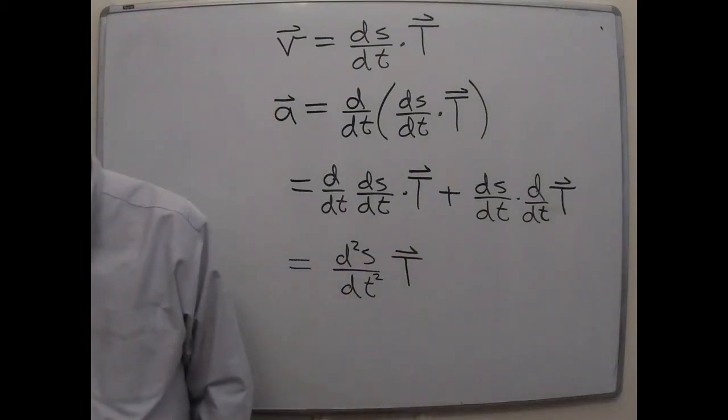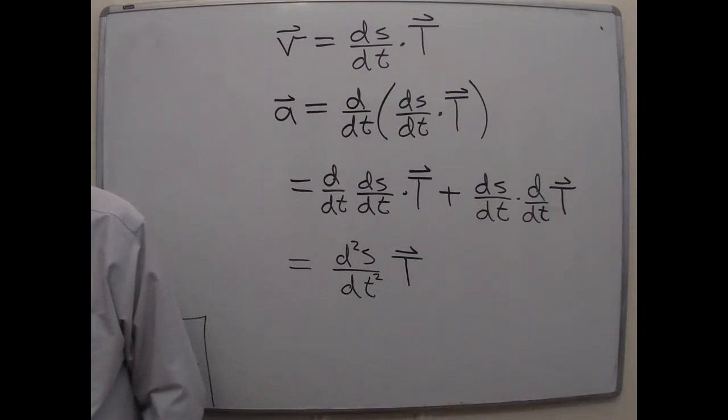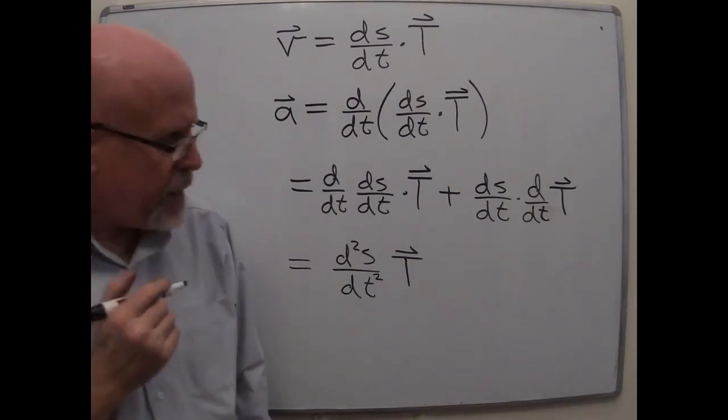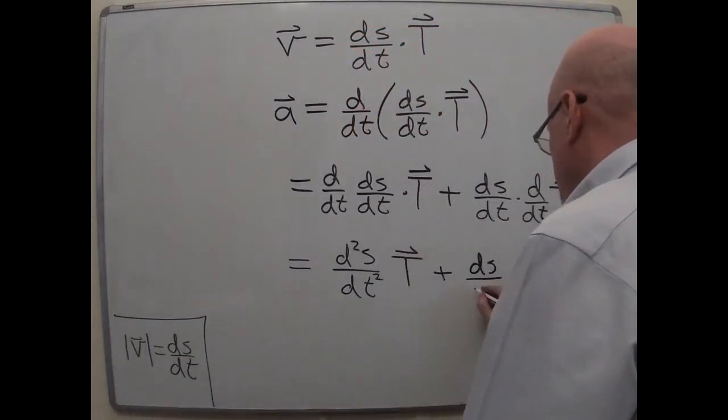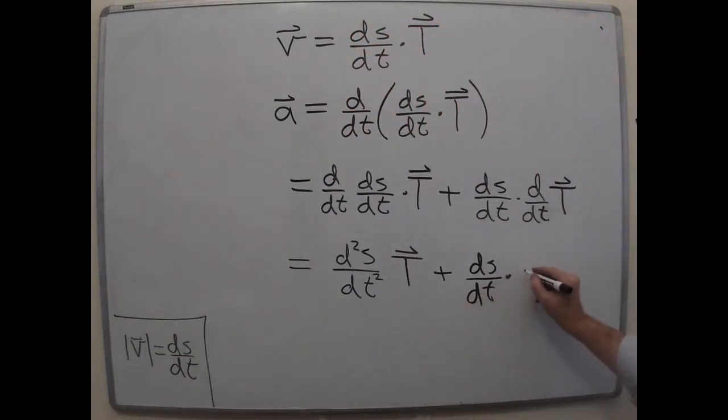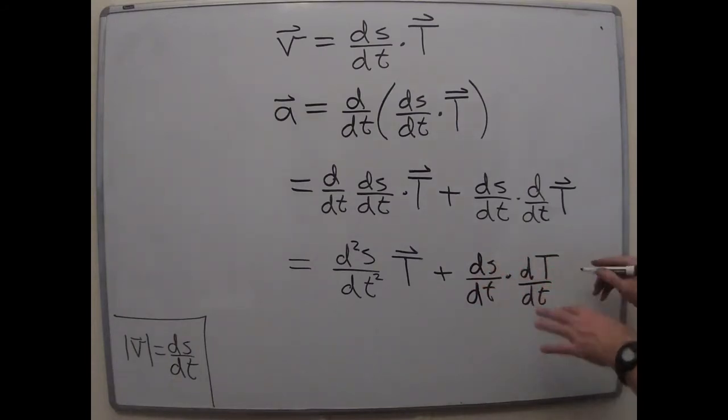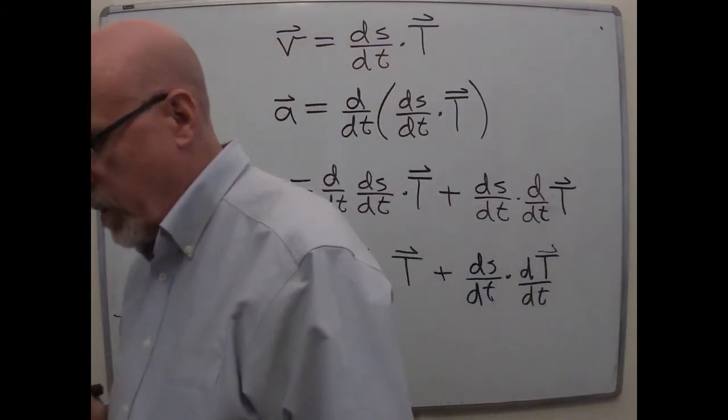And then, what do we have there? ds dt times dT dt. I have to be careful that I've got big T and little t. This isn't the kind of thing where you can cancel anybody, right? That's interesting though, isn't it? What's dT over dt? It's very close to being the normal vector.